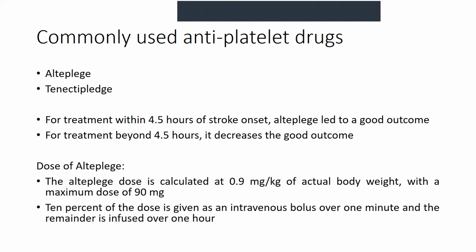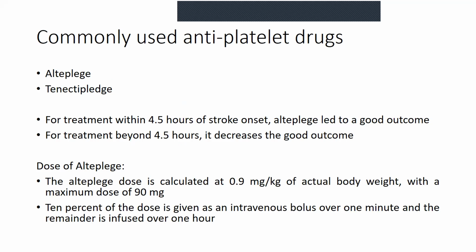Commonly used thrombolytic drugs are alteplase and tenecteplase. For treatment within 4.5 hours of stroke, there is a good outcome, and beyond 4.5 hours, there is a decrease in the good outcome.